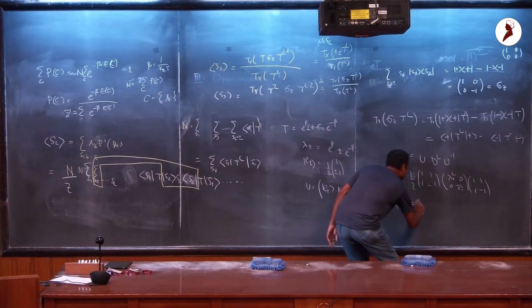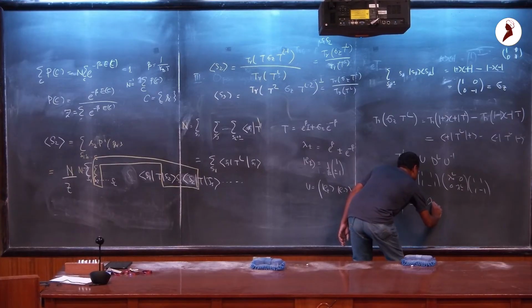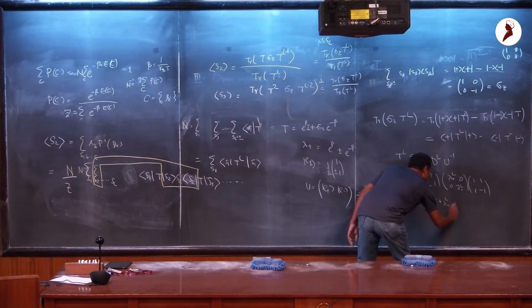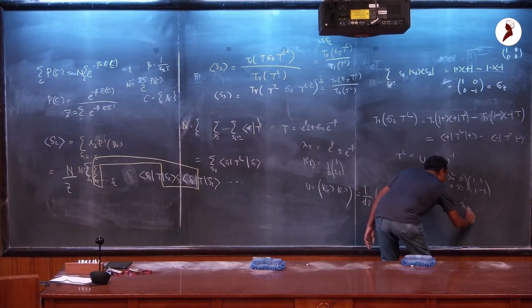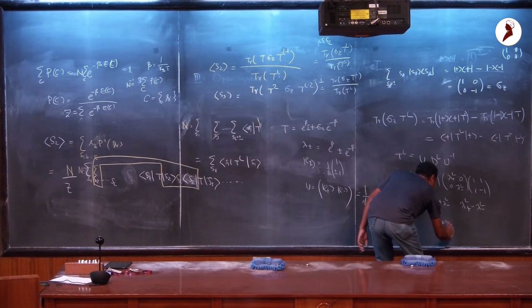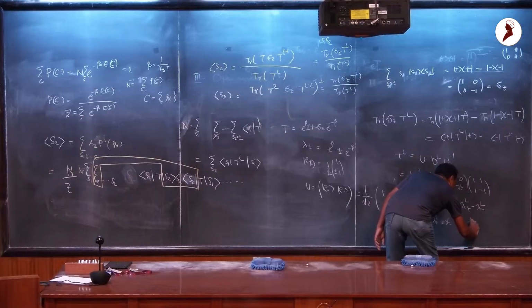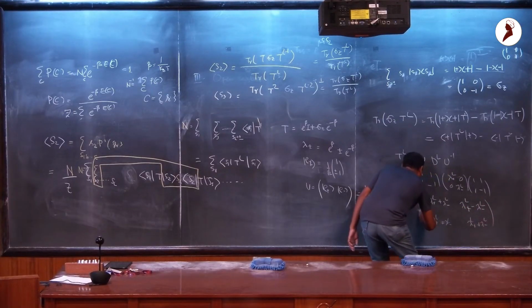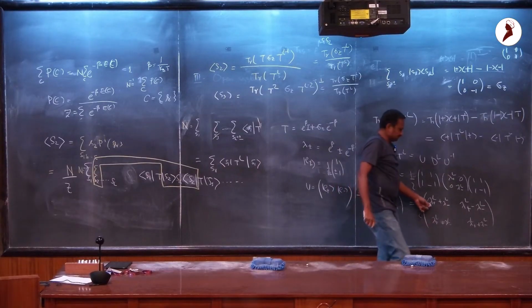So this equals lambda plus to the power L plus lambda minus to the power L, lambda plus to the power L minus lambda minus to the power L, lambda plus to the power L minus lambda minus to the power L, lambda plus to the power L plus lambda minus to the power L, whole thing divided by 2.